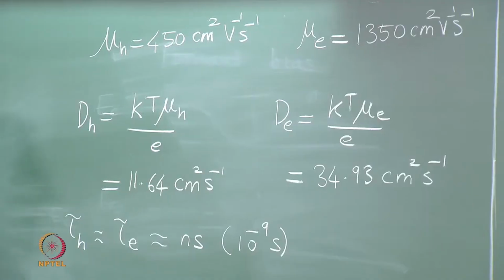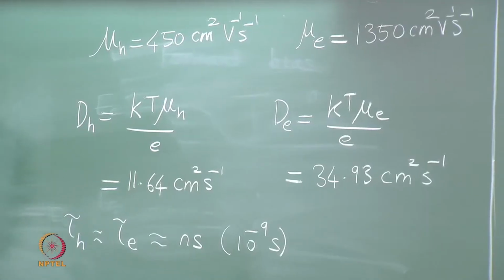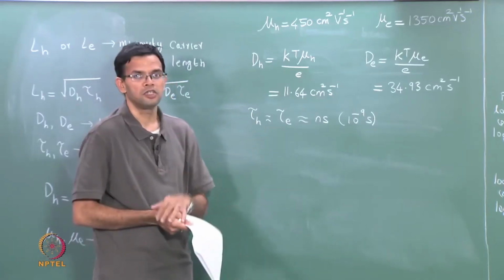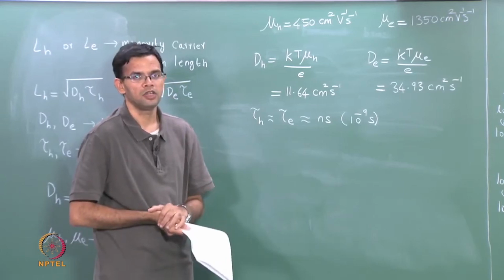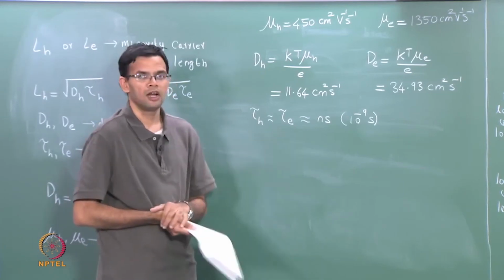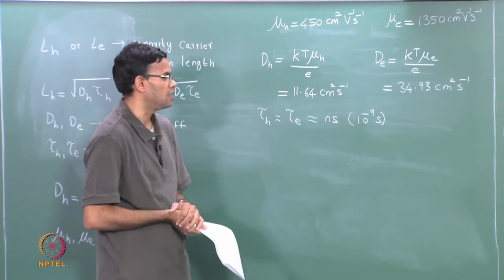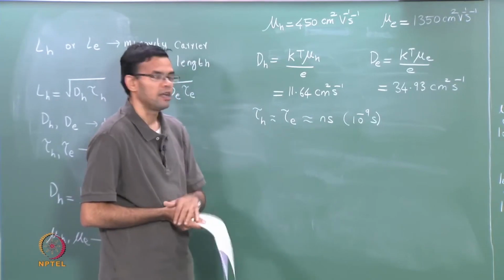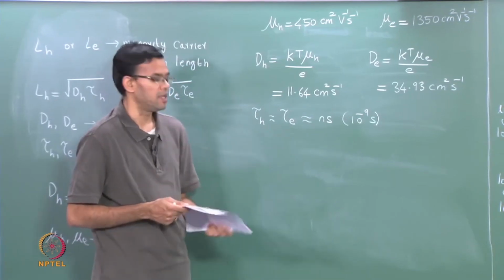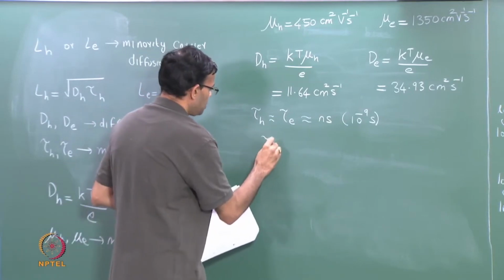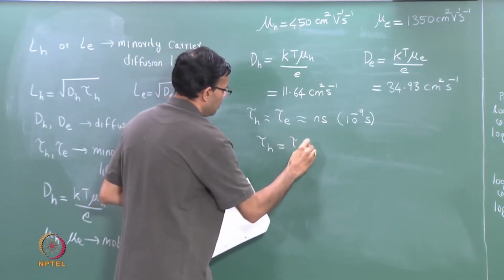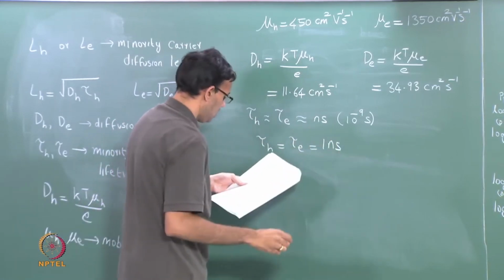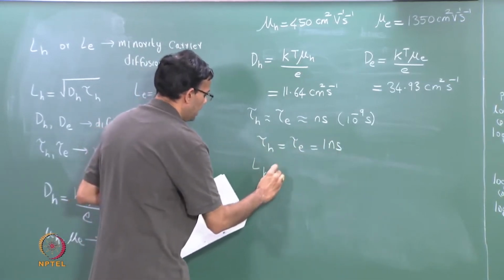These numbers are different from the scattering times that we saw earlier. Scattering time refers to the time between two scattering events. These times refer to the time it takes for the electron and hole to recombine. The electrons can undergo multiple scatterings, because we saw that a scattering time is around picoseconds, before they recombine. If I take tau_H equal to tau_E to be 1 nanosecond, we can calculate the diffusion length L_H.